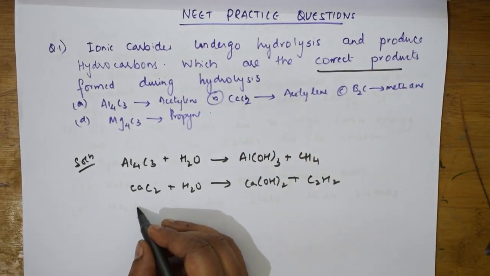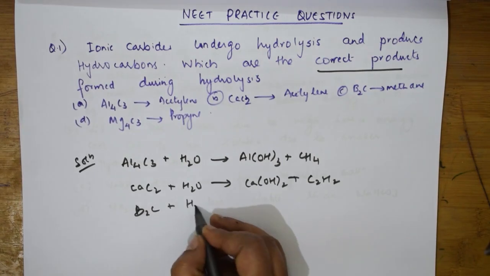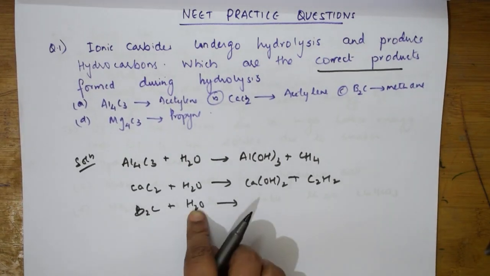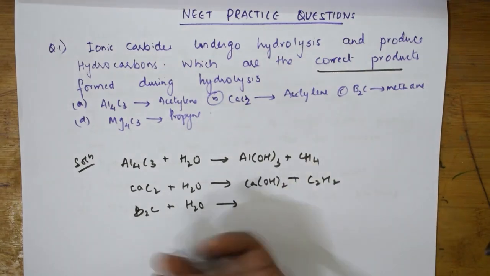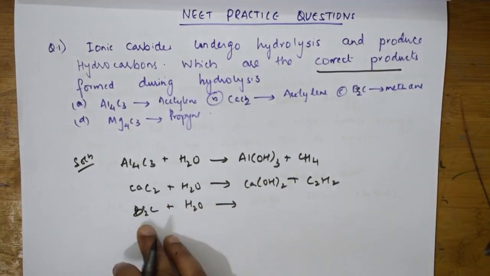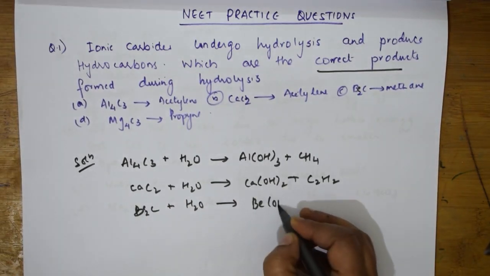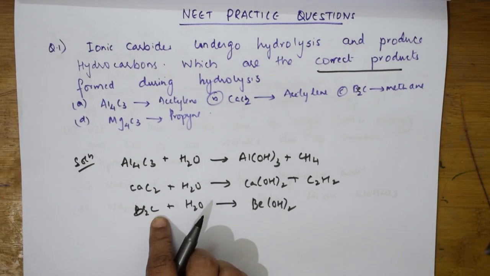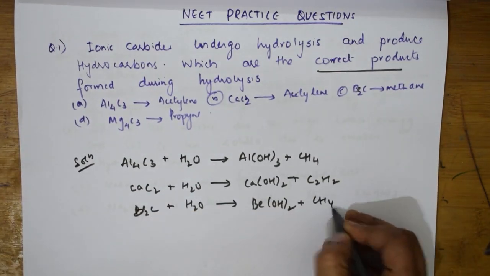The third one, let us go to beryllium carbide. It undergoes hydrolysis. This becomes beryllium hydroxide taken twice, plus CH4 if you balance it. So methane is right.